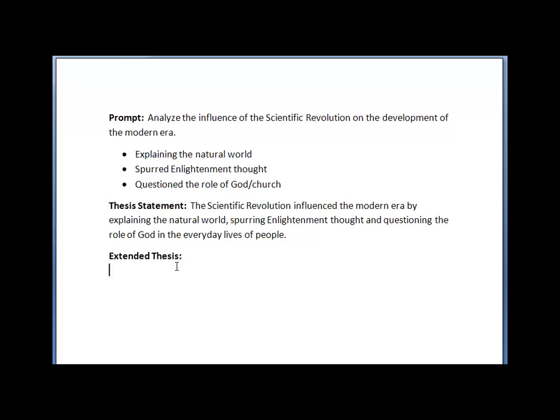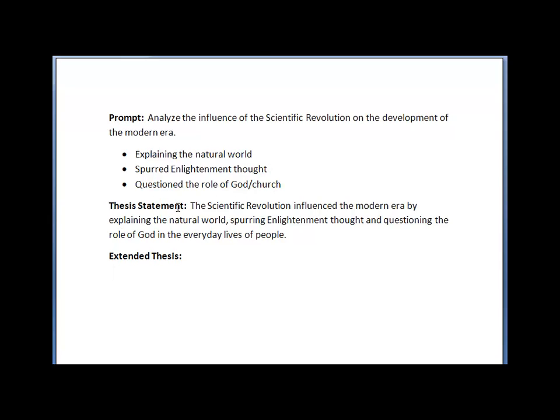So the extended thesis. What I've got here, just so you know, is the original prompt: analyze the influence of the scientific revolution on the development of the modern era. We've come up with our three main ways in which the scientific revolution influenced the modern era: explaining the natural world, spurred Enlightenment thought, question the role of God and church.